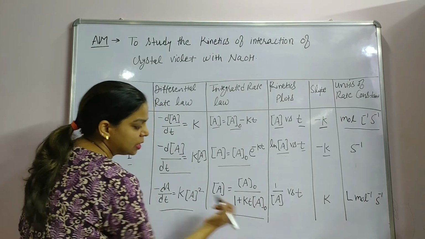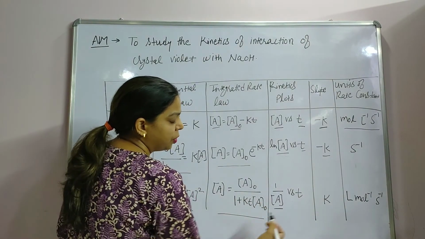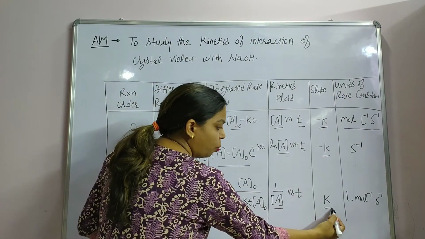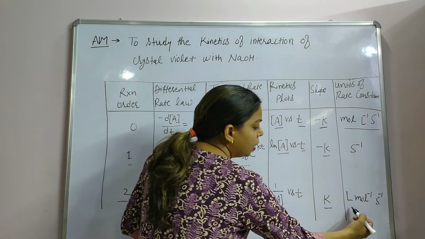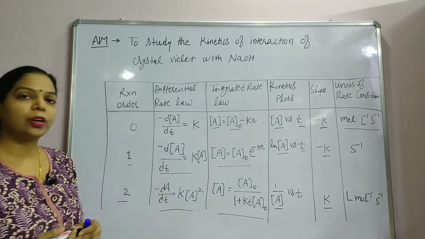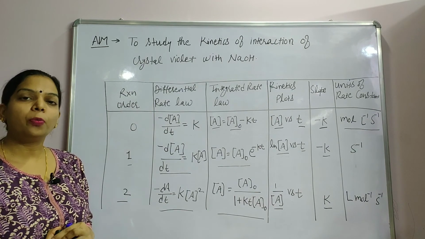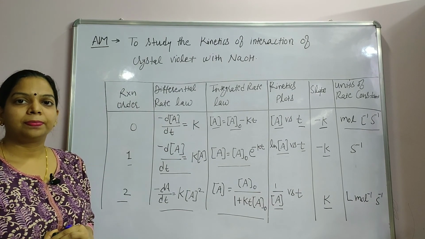The integrated equation is this one which we are considering, and we have plotted 1 by concentration versus time. The slope was positive and units will be liters per mole per second. So this way you can find out whatever your graph is coming out to be, report the slope and the order of the reaction. Thank you.